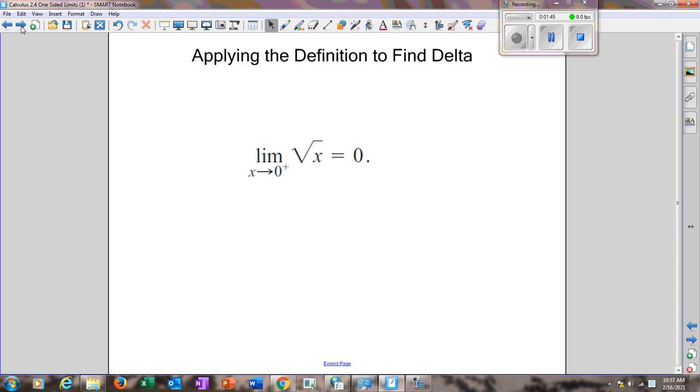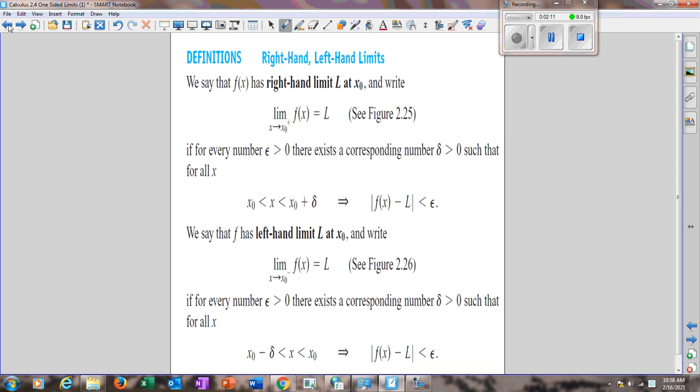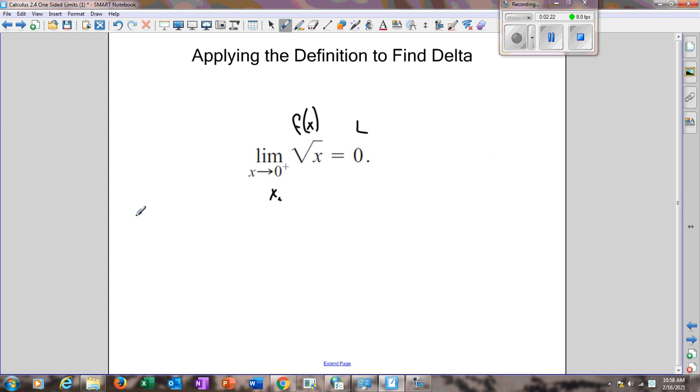Here I have the limit as x approaches 0 from the right, and we can start filling in the things that we know. First, this is our x naught, is 0. It's coming from the right-hand side. There's our f of x, and there's our limit L. So we can go back to the same thing that we had been doing. Just looking here, it's x is less than x naught plus delta because it's coming from the right-hand side.